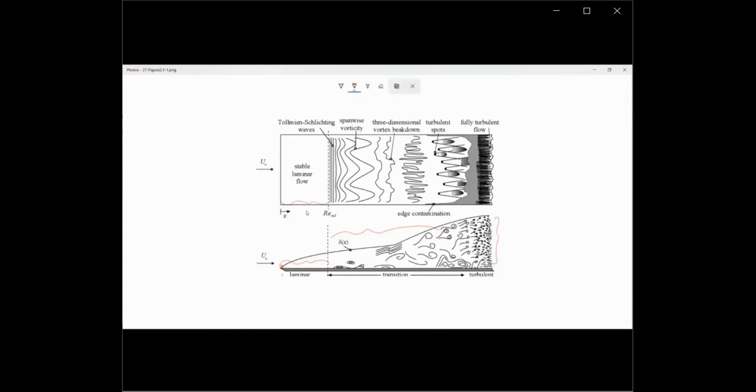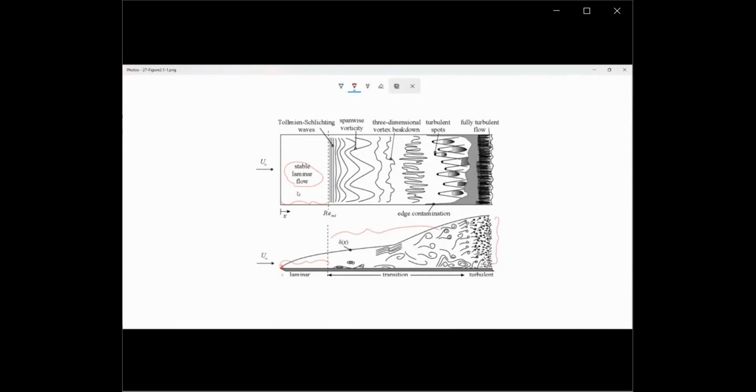This is from the top view that you can see, it will be a stable laminar flow. But this flow is constantly being disturbed by many different things, for example, if the surface is not smooth enough. Even for the smoothest surfaces, there will always be small disturbances, even on the microscopic scale. If the flow is stable enough, those disturbances will get damped out.